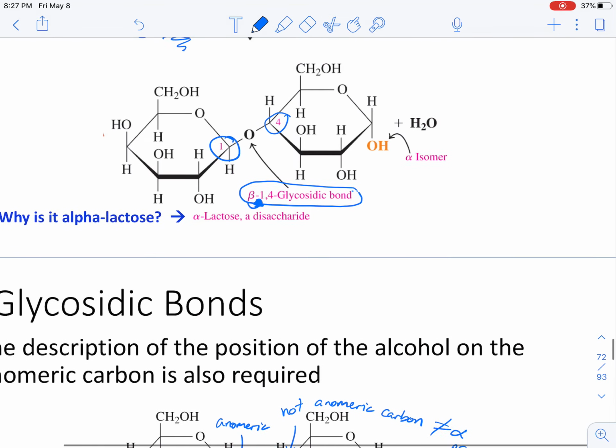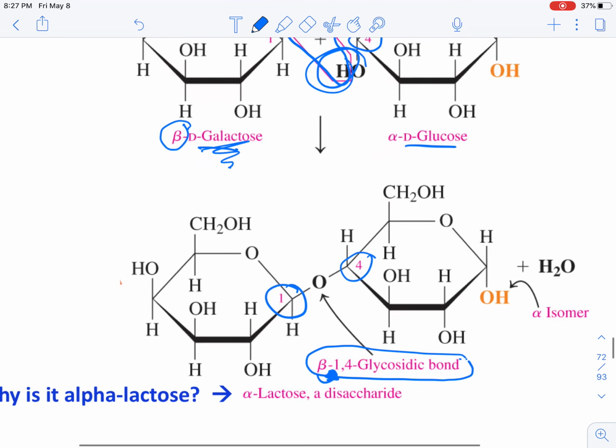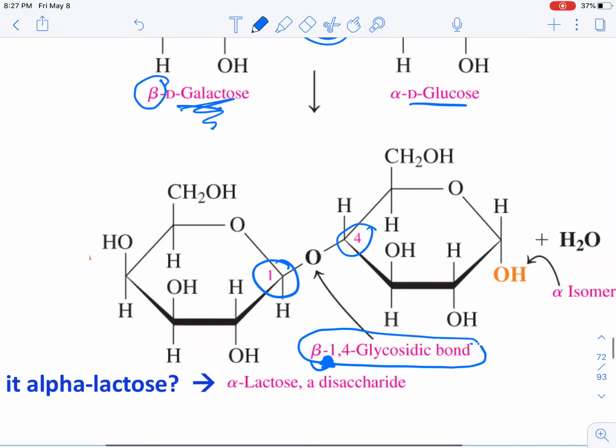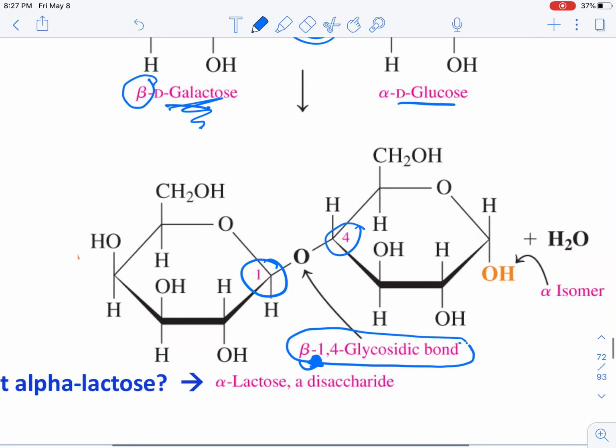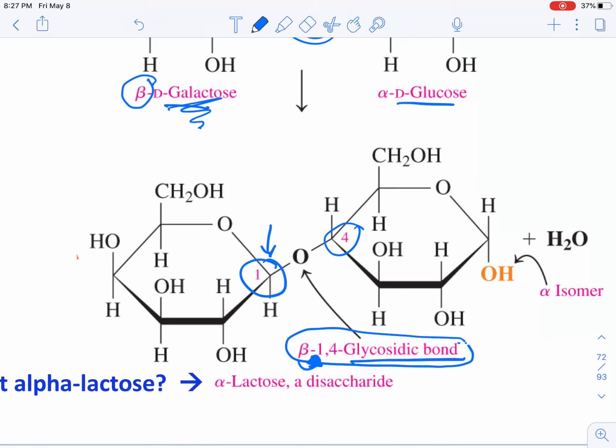Now, if you are looking at lactose, once again, you'll notice that the anomeric carbon on the molecule on the left is being used to form this glycosidic bond, whereas for the molecule on the right of that glycosidic bond, it's carbon number 4 that's participating, and carbon number 4 is not the anomeric carbon.